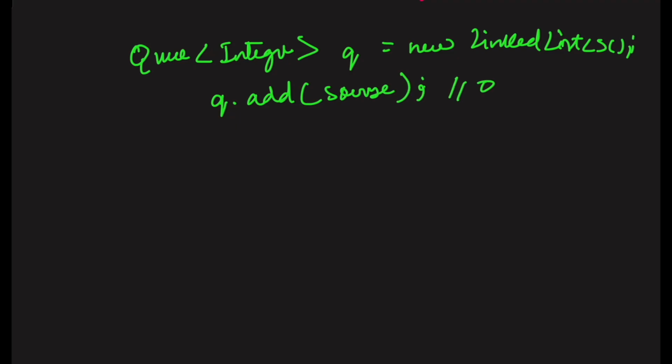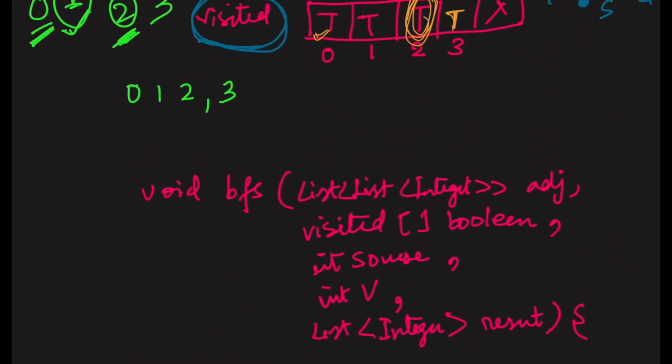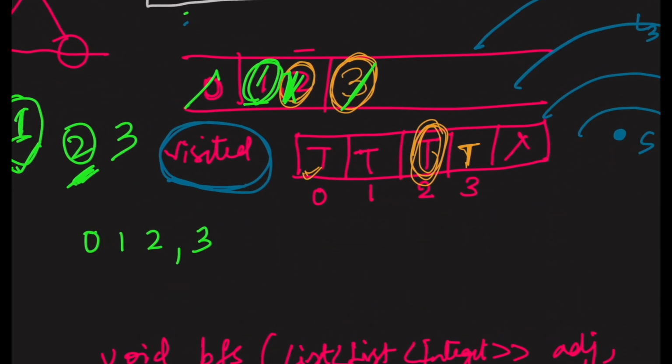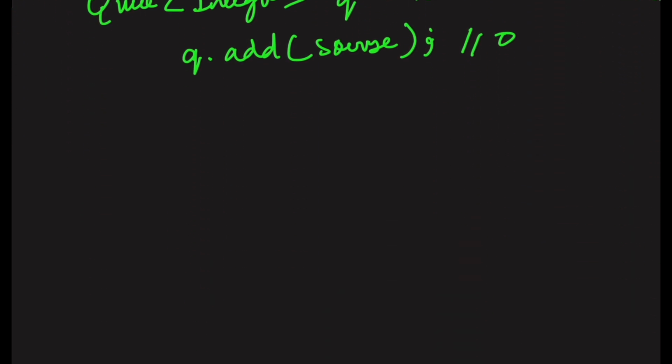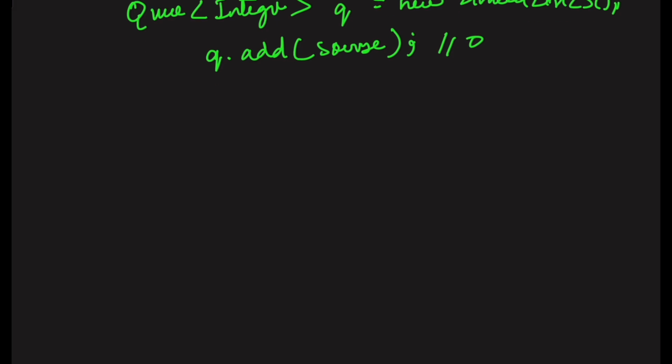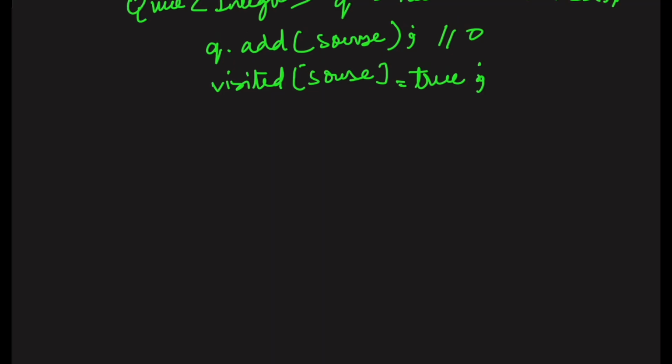And since we have added to the queue, whenever we add to the queue, we are going to mark this as visited. So we are going to mark visited of source as true.